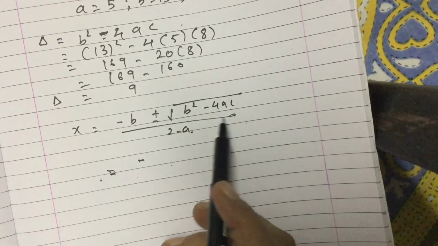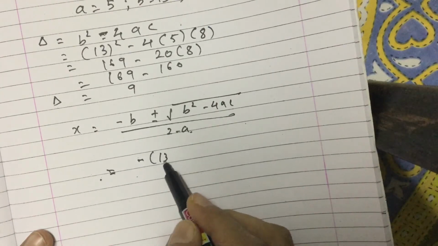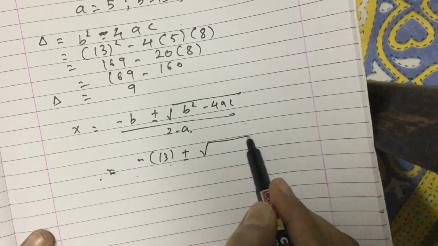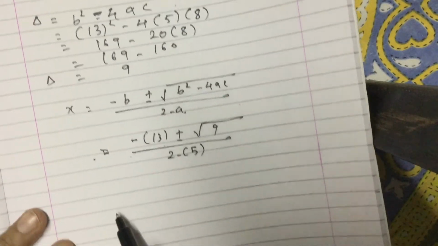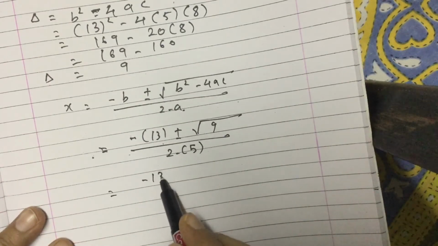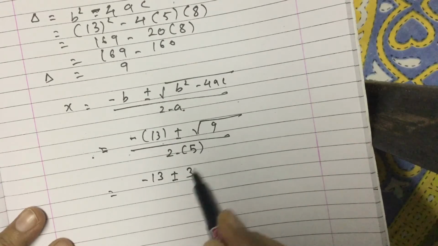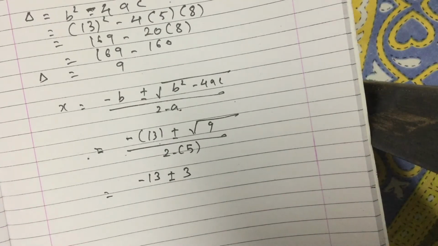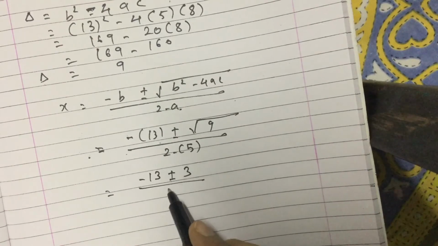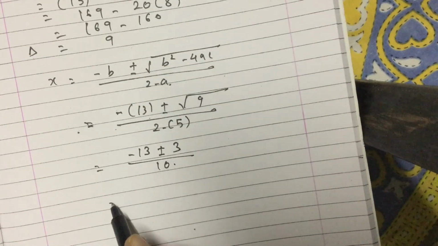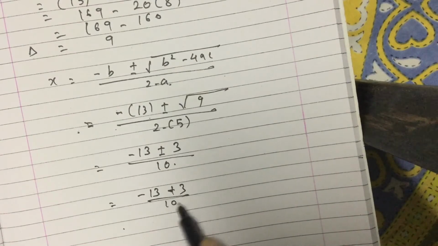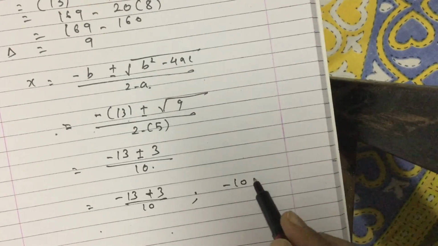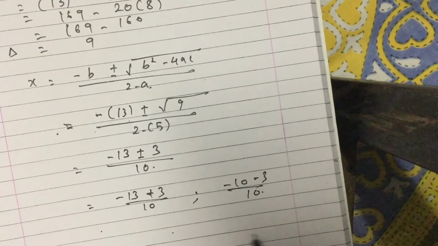The b value is 13, so −13 ± √9, and 2 times the a value 5. The square root of 9 is 3, and 2 fives are 10. So when we simplify, it is (−13 + 3)/10 and (−13 − 3)/10.